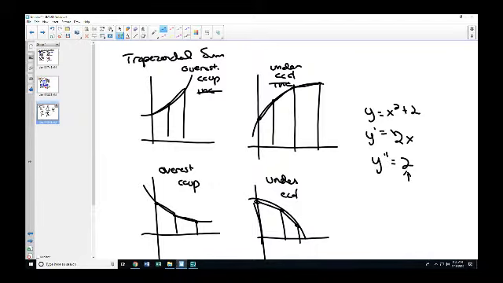So second derivative is always positive. So we have a concave up, so a trapezoidal sum with that function would be an overestimate. Okay?